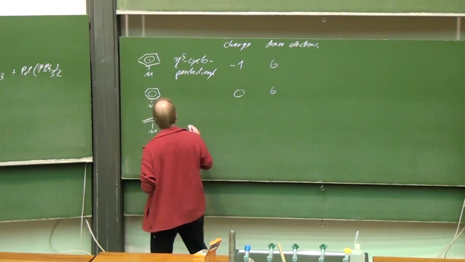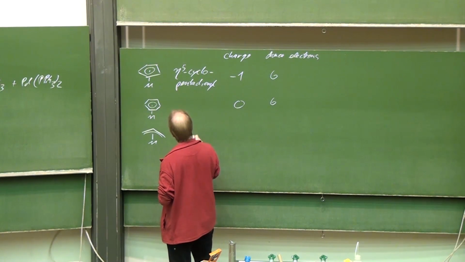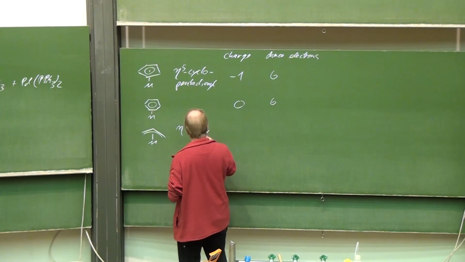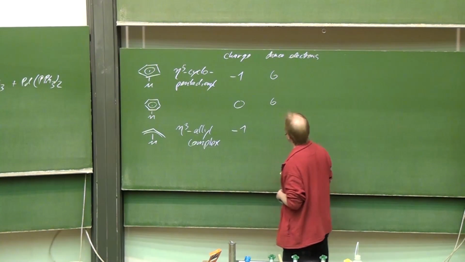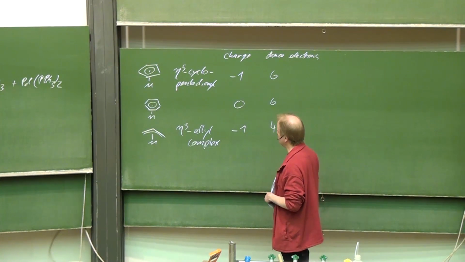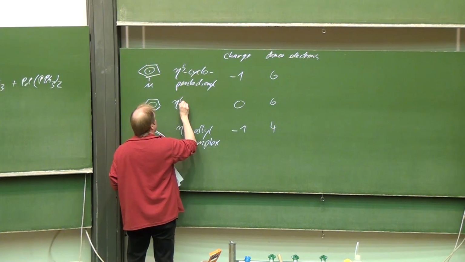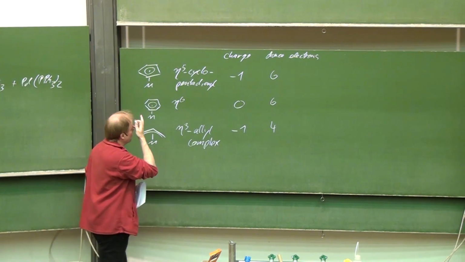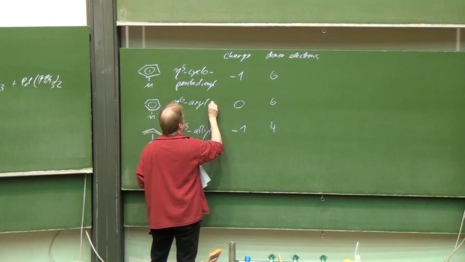This here is the eta 3 allyl complex, charge -1, and overall 4 electrons. I should add that this is the general scheme for an eta 6 aryl complex.